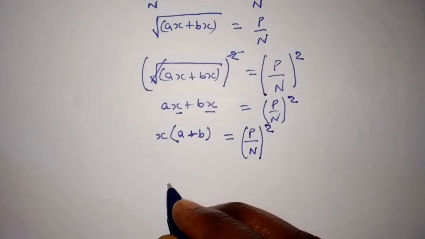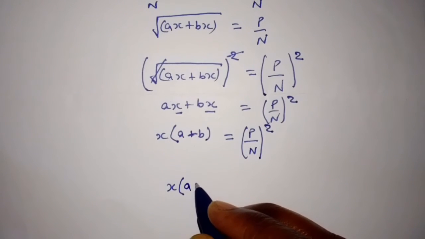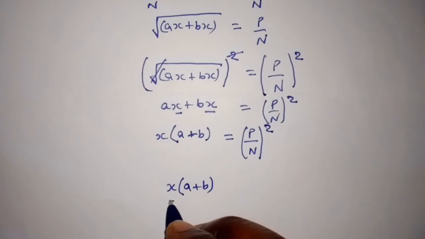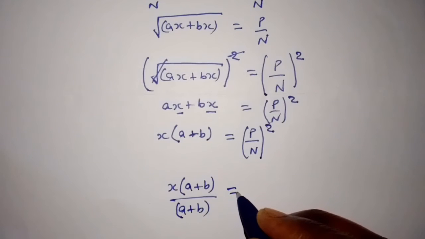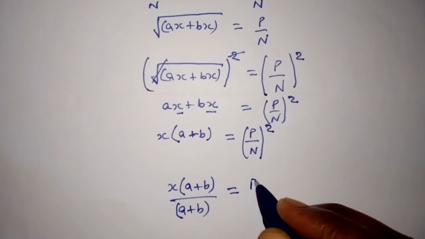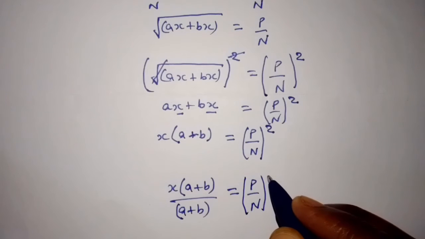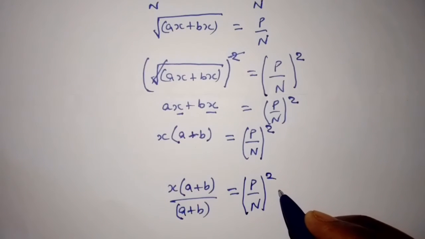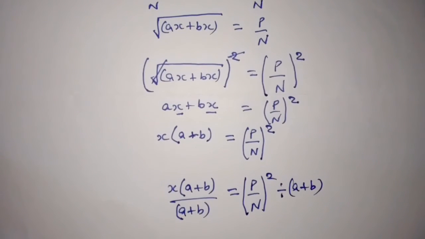So we can say x into bracket a plus b, we divide by a plus b, is equal to p over n squared divided by a plus b.